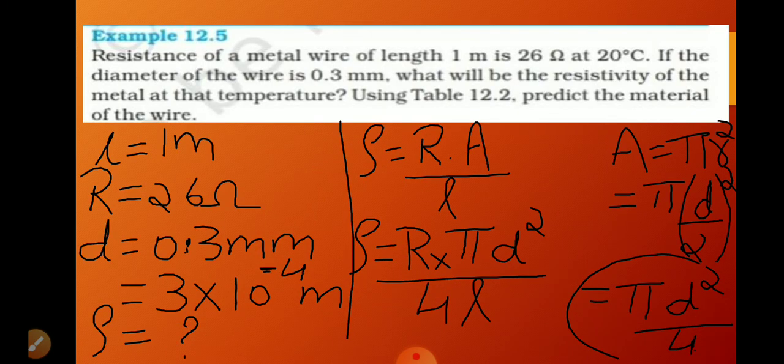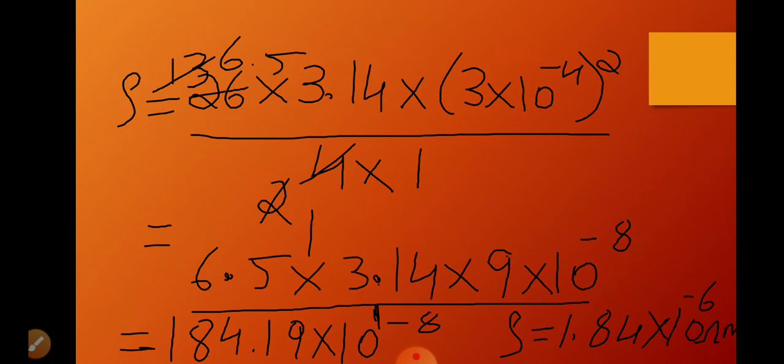So the given material of the wire, they had told to predict. So the material is magnets. By looking at the value of resistivity, we can say that the material is made up of magnets. Okay, so this is the resistivity. We can find out the resistivity in this way.